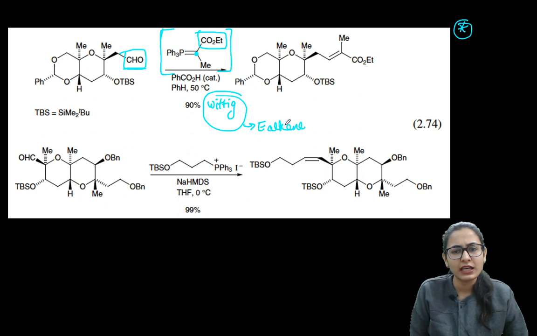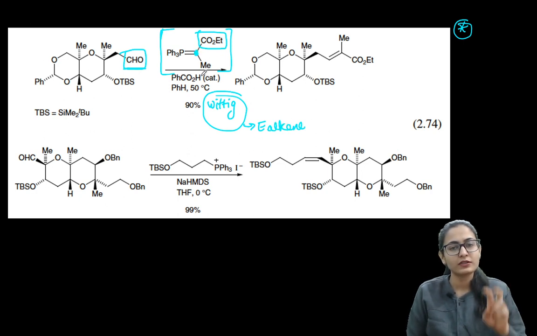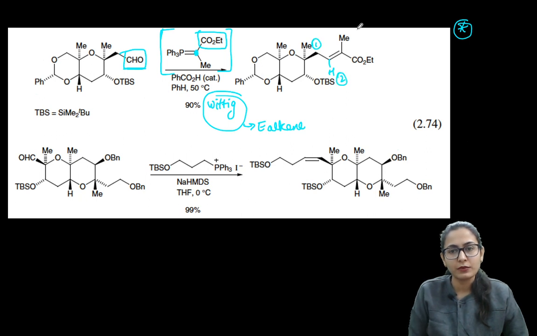But you see that here you also have two groups. It's not just one group, it is two groups that you have. Still, it is going to give you the E alkene only, and now if you do the numbering, you will know 1, 2, 3 and 4. 1, 2 on this side, and the other side it is 1 and second priority.